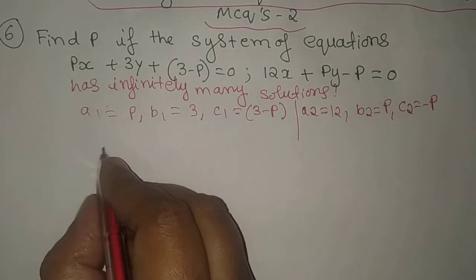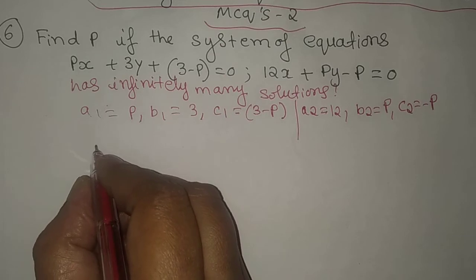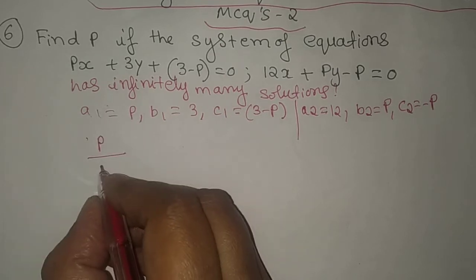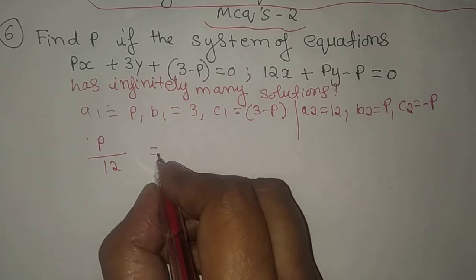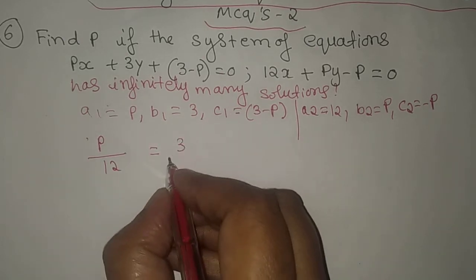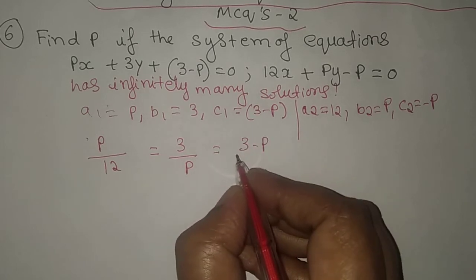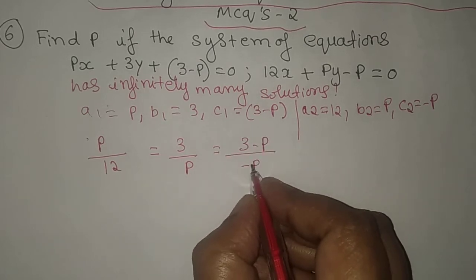Now we have to find A1 by A2, that is P by 12, is equal to B1 by B2, 3 by P, is equal to C1 by C2, that is (3 - P) by -P.